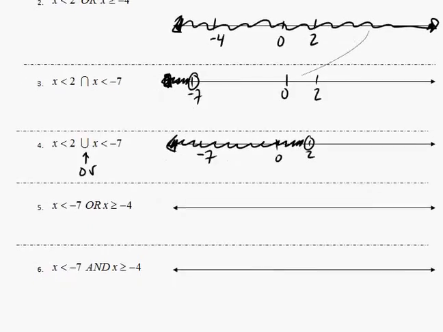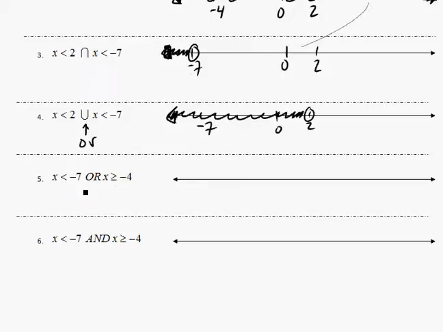Number 5, x is less than -7 or x is greater than or equal to -4. Well, -4 and -7 are both to the left of 0 on the number line.